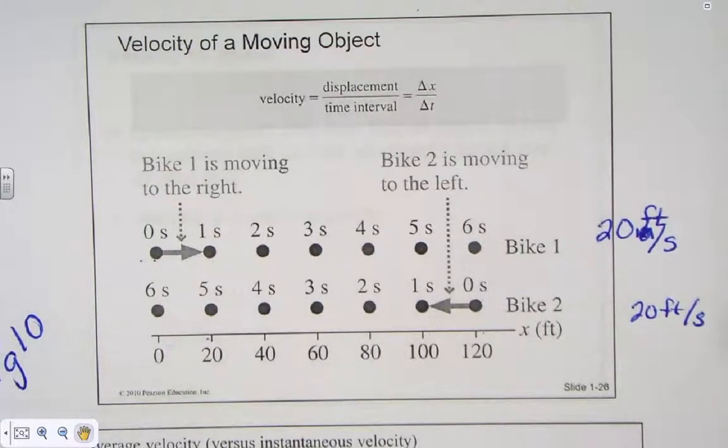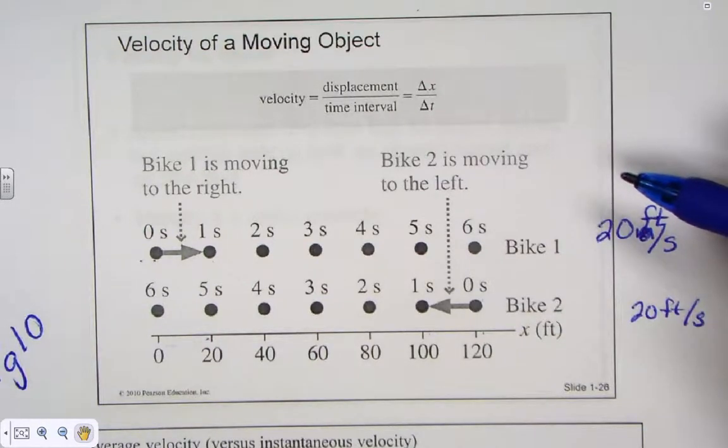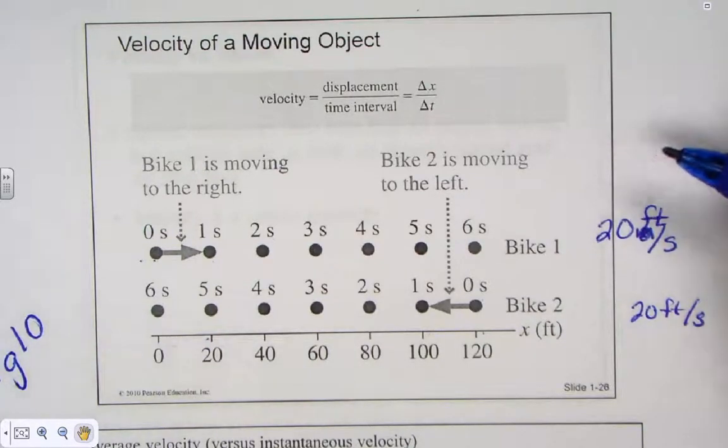So the average velocity here is showing us bike 1 moving to the right, bike 2 moving to the left, and we can calculate very quickly how the velocity, just displacement over time interval, is showing us a moving object's speed.